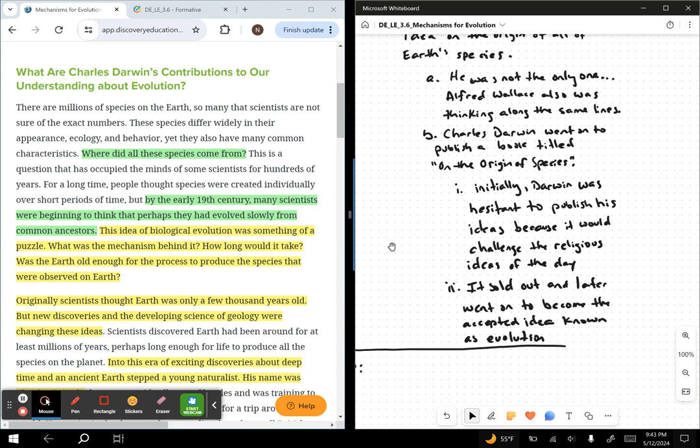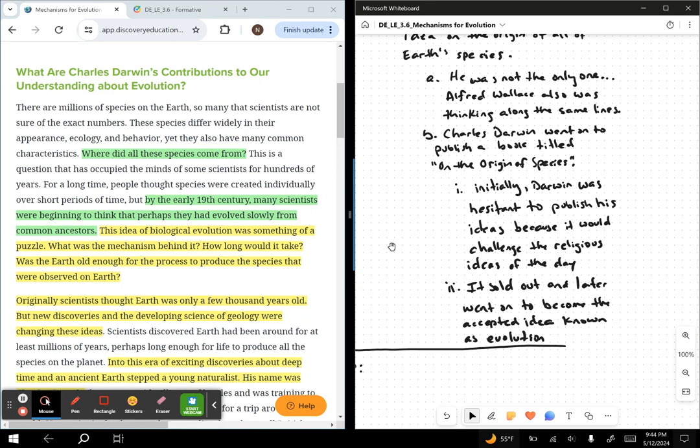But needless to say, I think the fact that Wallace was also working on the same ideas created the pressure that Darwin needed to actually act. So he published his book, and ultimately the scientific community began to accept his ideas, and that's what we have today, this idea of evolution, this idea of natural selection.